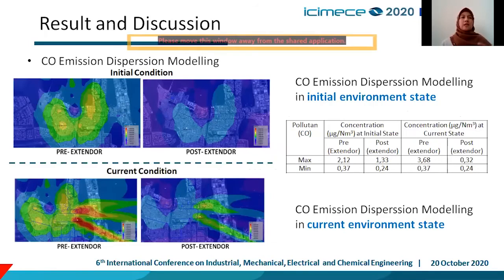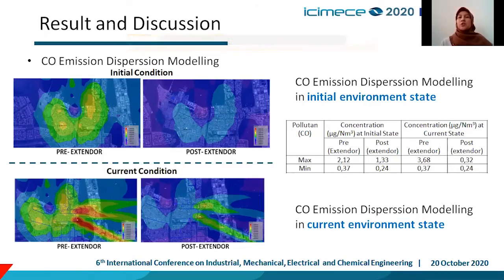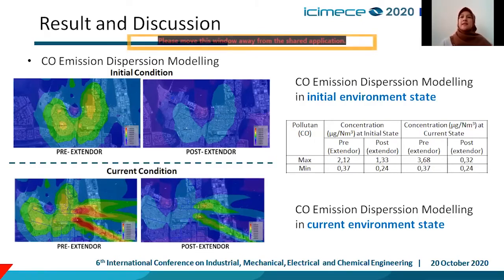At the initial condition, the dispersion of emission forms a circle around the unit, but at the current environmental condition, the emission dispersion goes further to the right of the picture, or we can call it the east side of the plant. The maximum concentration at post-extender in initial environment state and current state is lower than pre-extender.